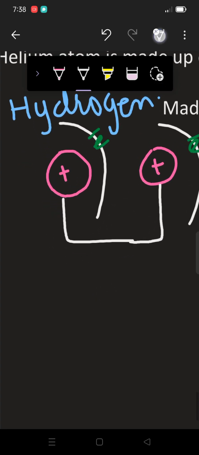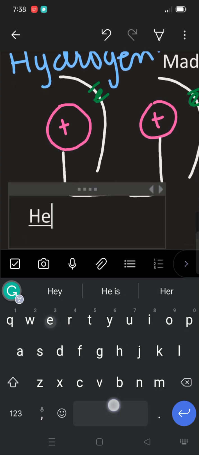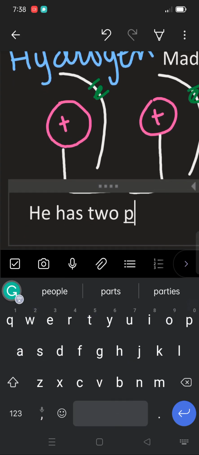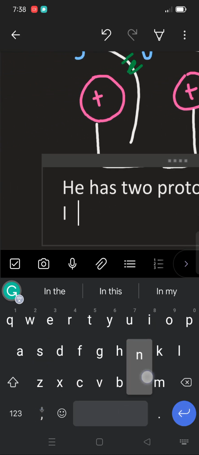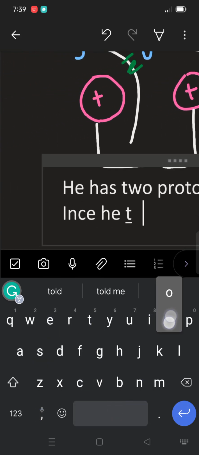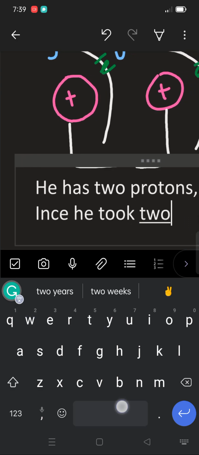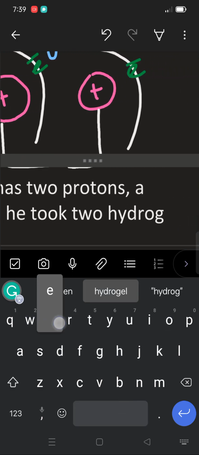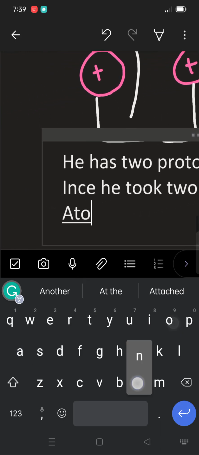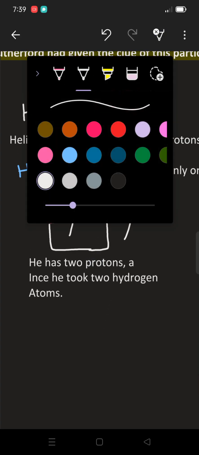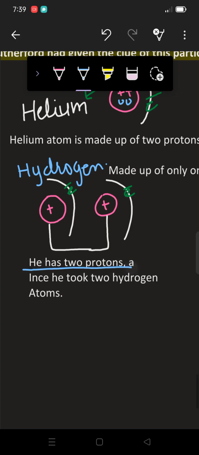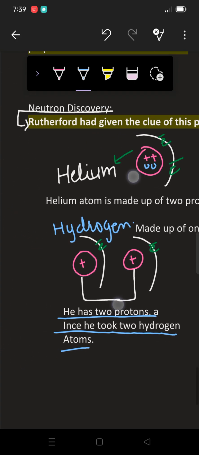So now he has two protons since he took two hydrogen atoms. Now see, this has two protons, and this helium atom has two protons as well.